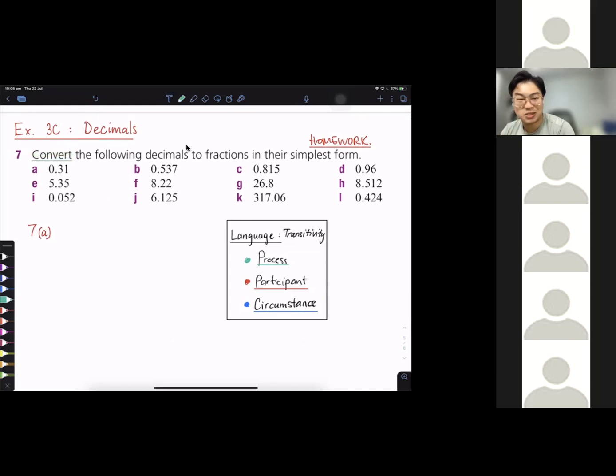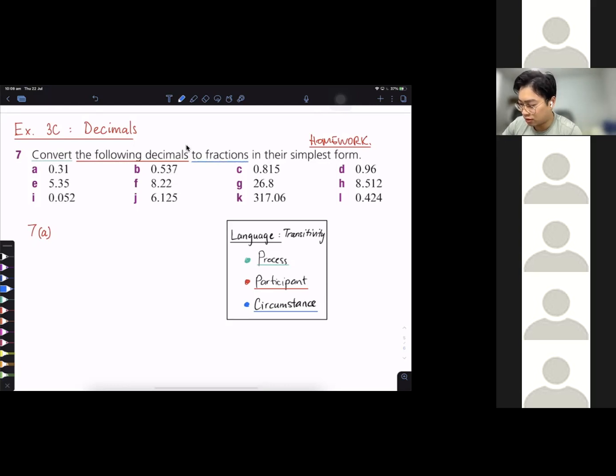What would our participants be? Following decimals. Yep, the following decimals, that's what we're looking at, but then how do we want to do it? We have to convert it to fractions.